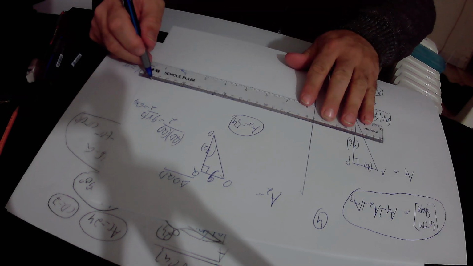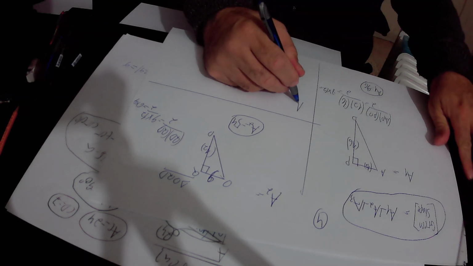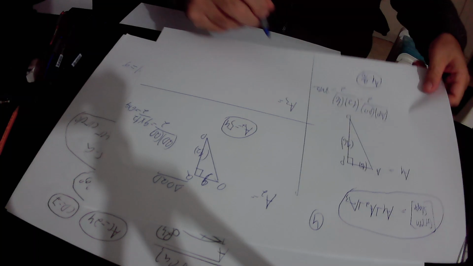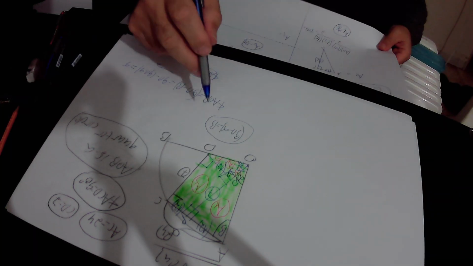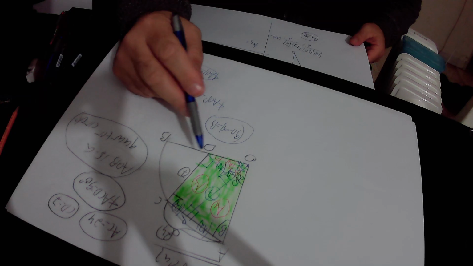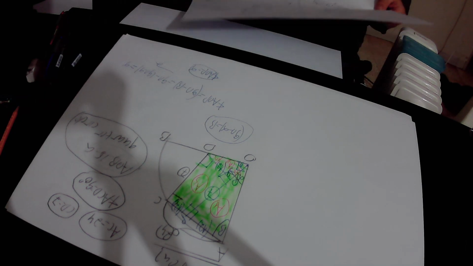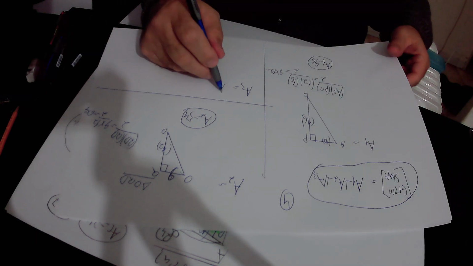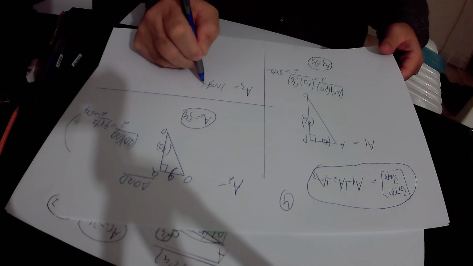And finally, we find the area of A3. A3 equals the area of rectangle PCDQ. The area of any rectangle equals the length of the rectangle times the width.